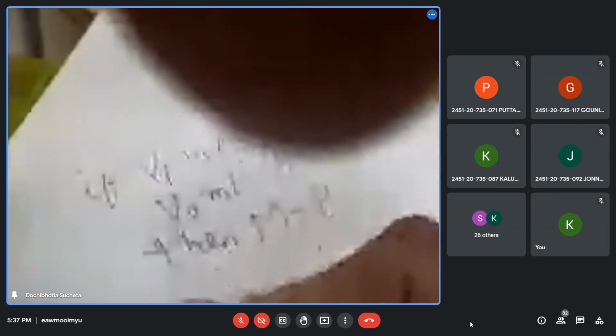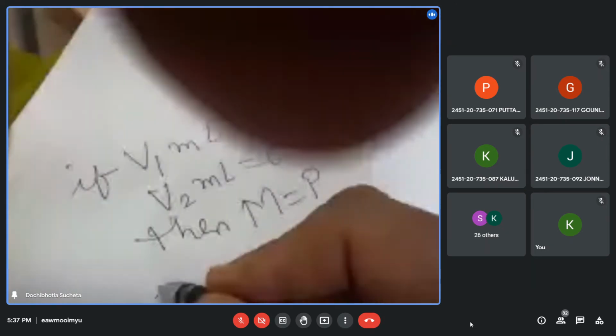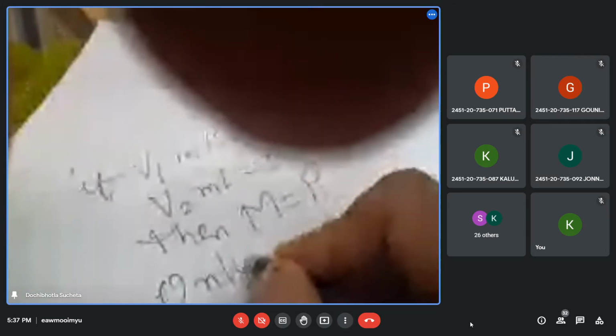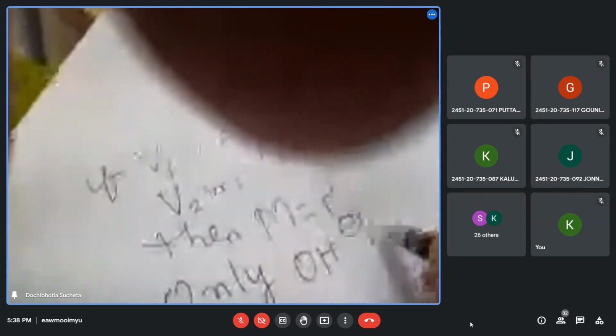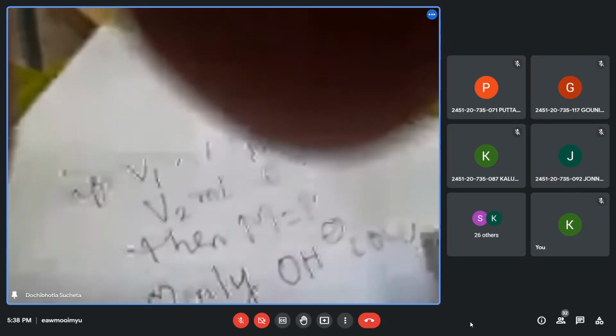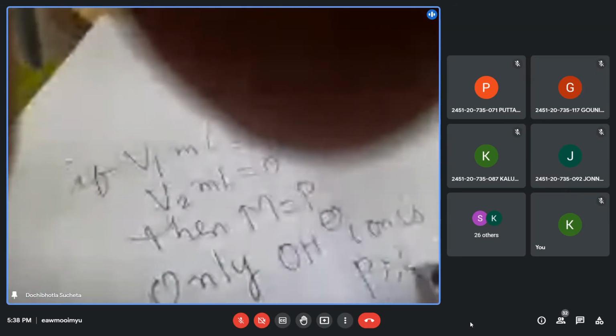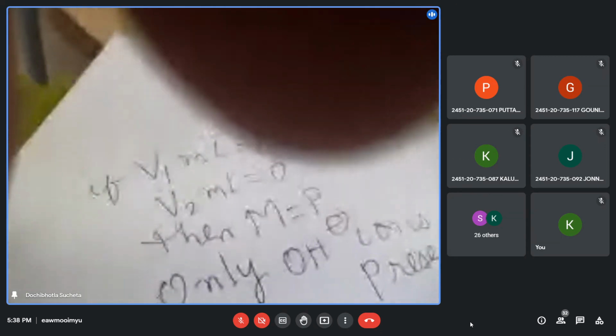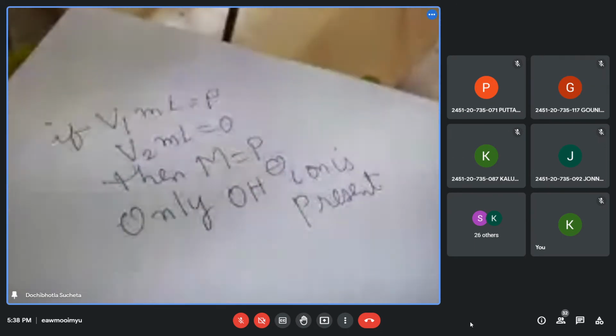So what is the combination? Only OH minus ion is present. What's the answer? Only OH minus ion is present. You understood?